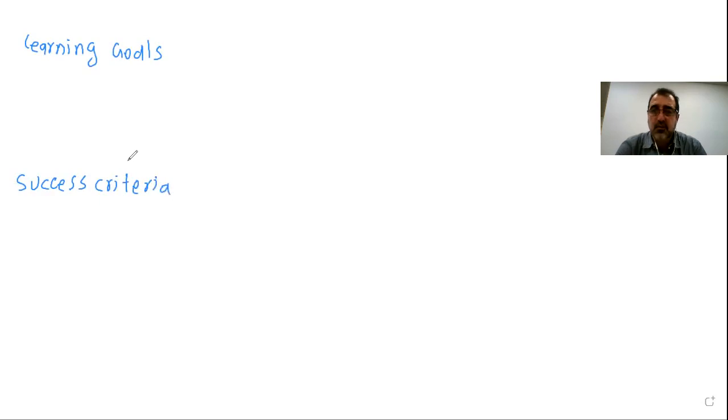I like all my students to know about learning goals and success criteria for each course. Learning goals here: definition of relation and function.